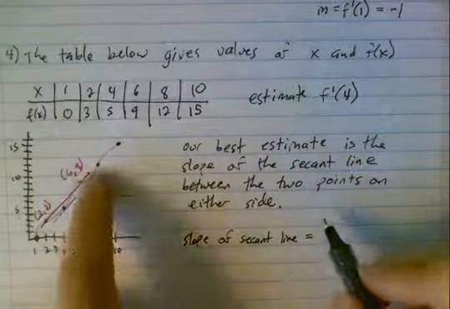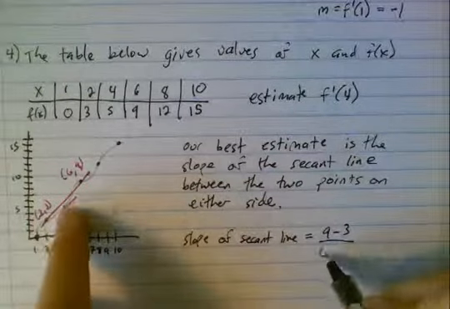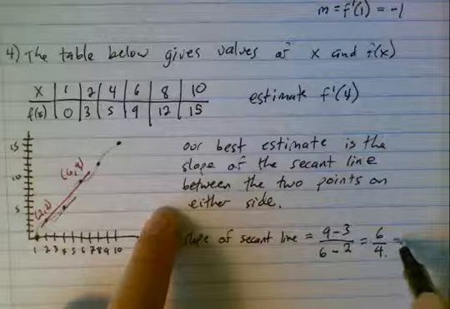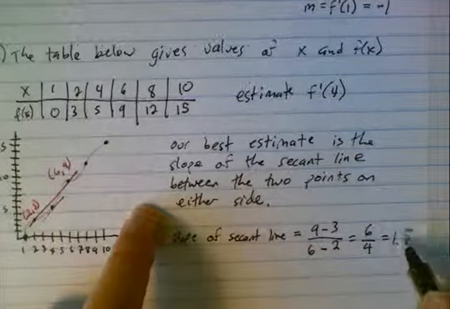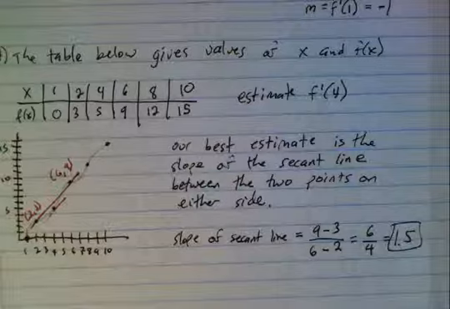That's change in y, 9 minus 3, over change in x, 6 minus 2, which is 1.5.